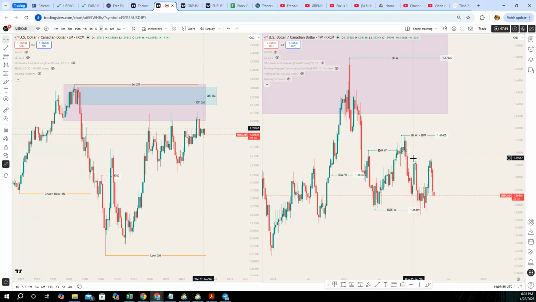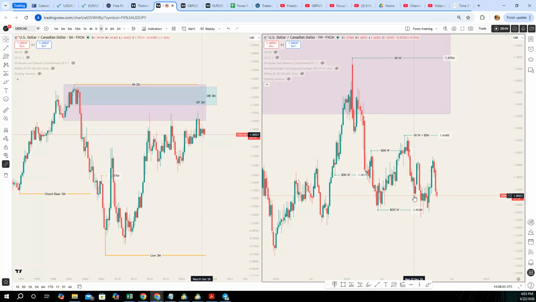we do have a valid pullback, but it is within this bigger order flow. Therefore we do not take it because it's embedded in a higher order flow, so we take the higher order flow, or the original order flow, the pullback from the original order flow. And therefore the high is at the same level as the inducement on the weekly.